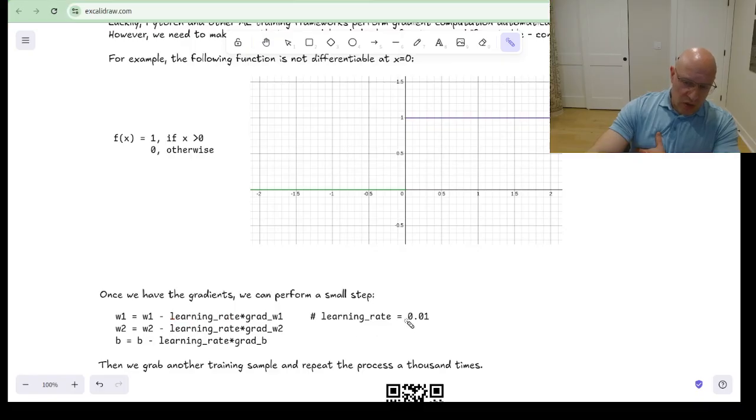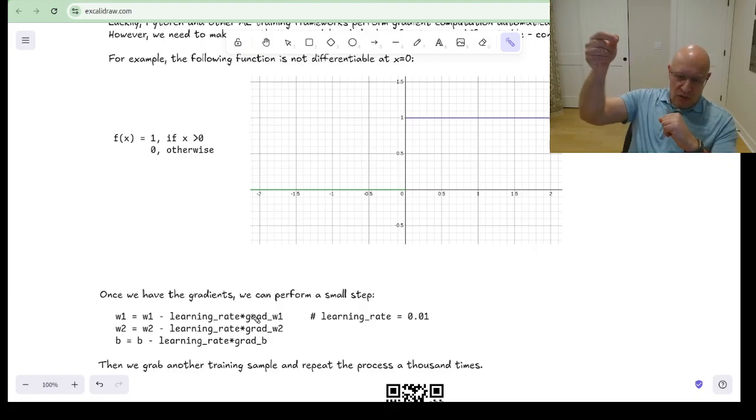So it's some small number, 0.01, sometimes 0.001. You make a small step in the opposite direction from the gradient, because the gradient says how much this weight contributed to the loss.